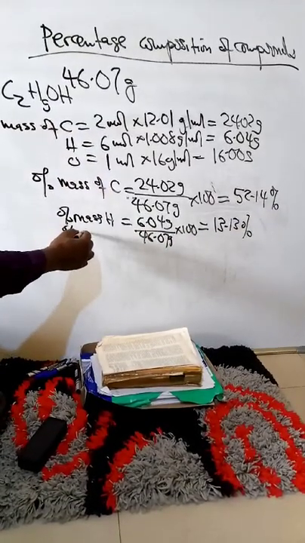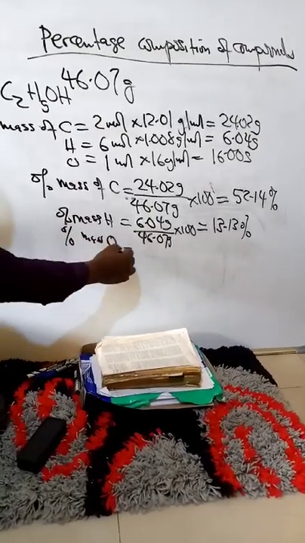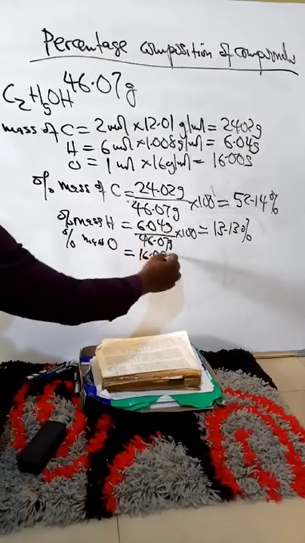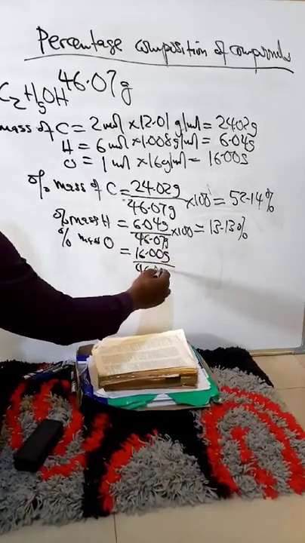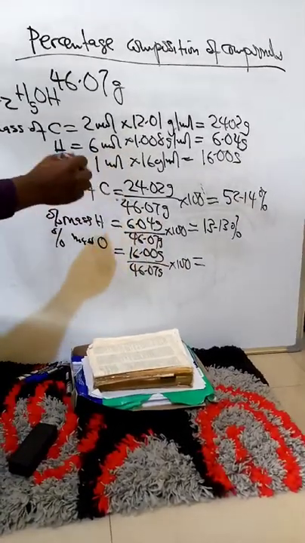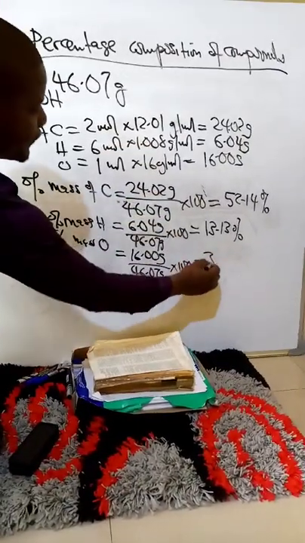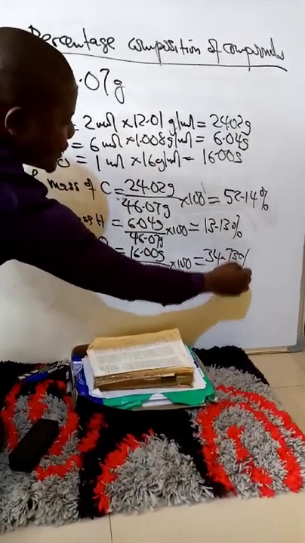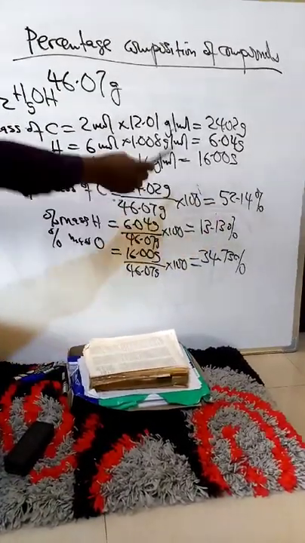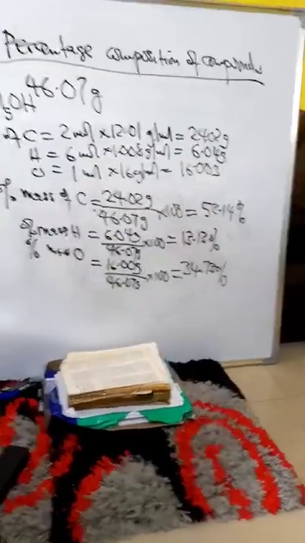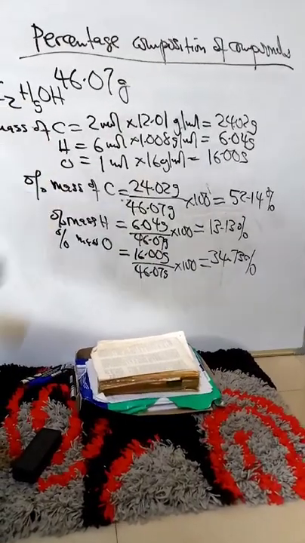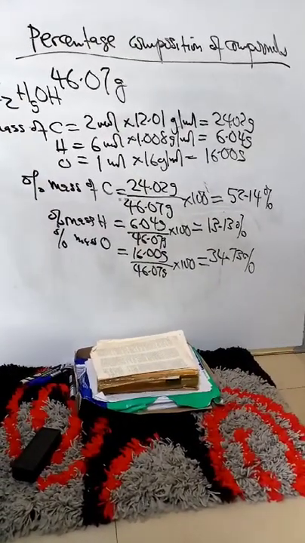Then the percent mass of oxygen, the mass of oxygen, that is 16.00 grams over 46.07 times 100. This is giving us 34.73%. So take note, these are the percent masses or composition of the individual elements found in this compound ethanol.